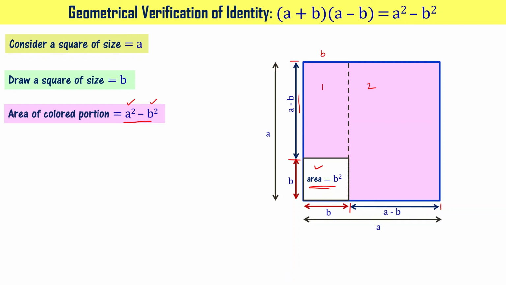For rectangle 2, one side is a minus b and the other side is a, right? Let's now take the sum of these two areas. Area of the small rectangle is b times a minus b, and area of the bigger rectangle is a times a minus b.